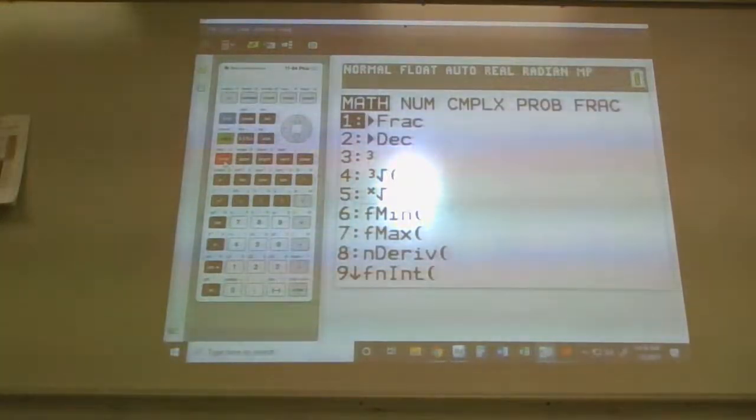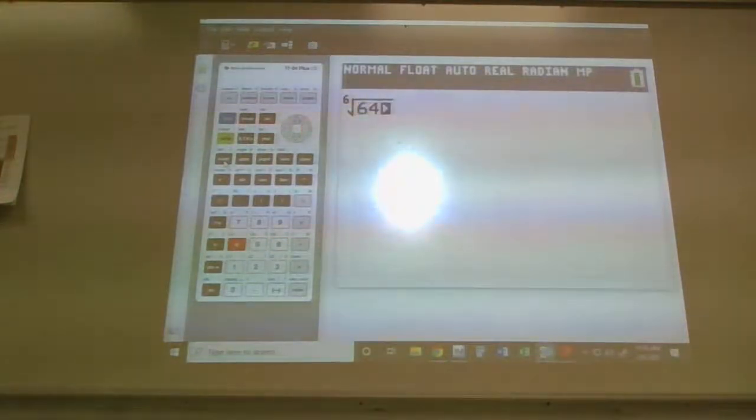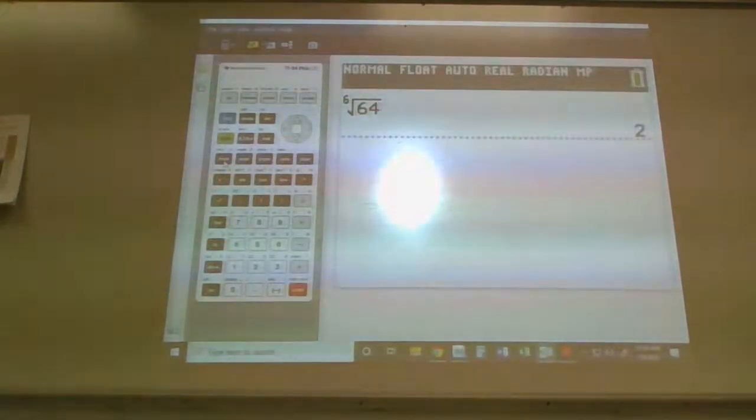Now, if you go down to function number 5, look what it gives you. It gives you exactly what we just talked about. I could type in the 6th root of 64. We know that the answer is 2, but now you can actually confirm it right there. Here's another way you can confirm it.